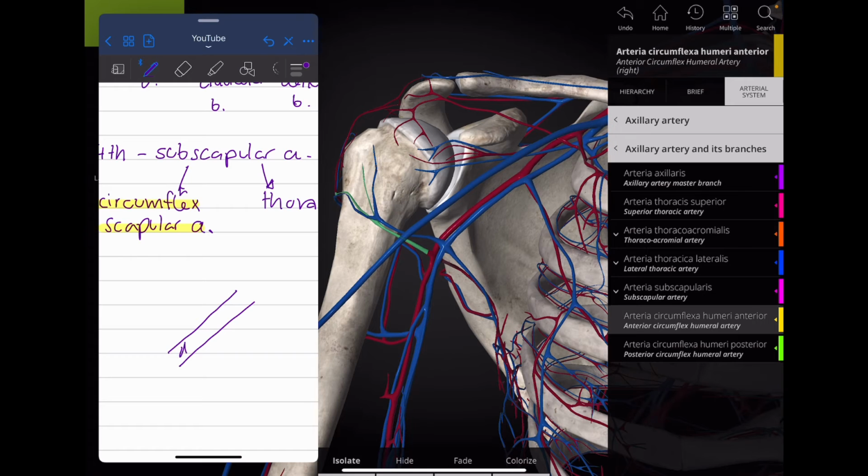So if this is your axillary artery, you'll have your lateral cord on the lateral aspect of the axillary artery, the medial cord of the brachial plexus on the medial aspect of the axillary artery, and the posterior cord right behind it.